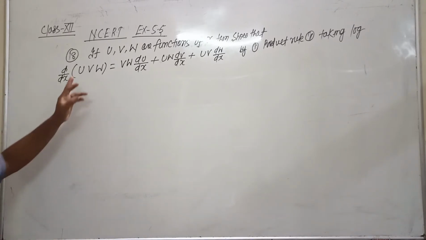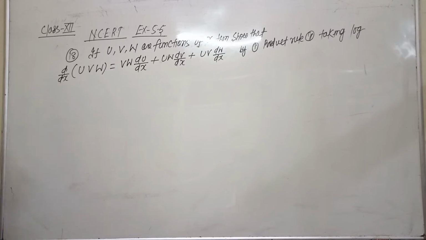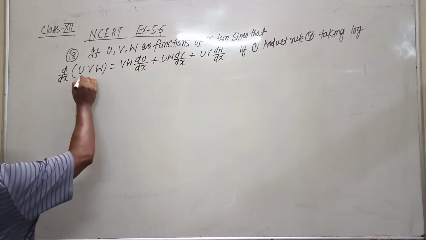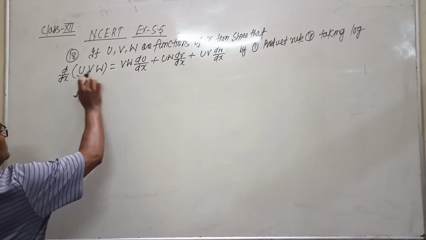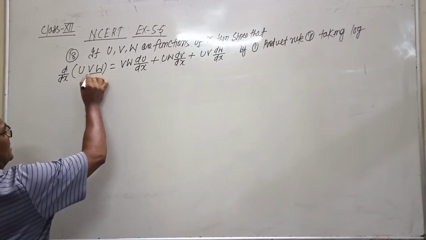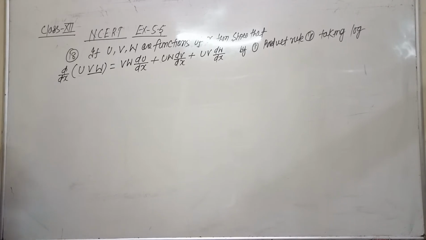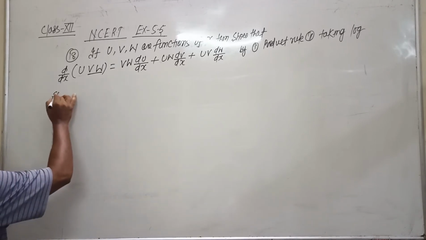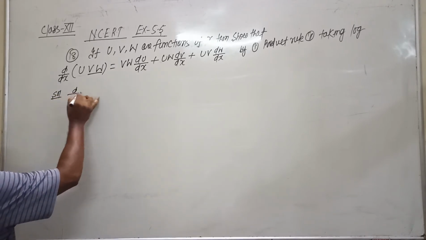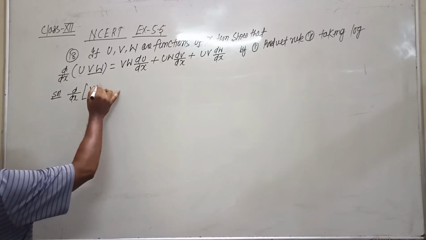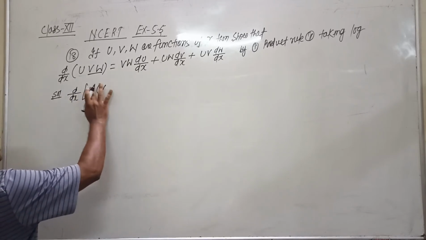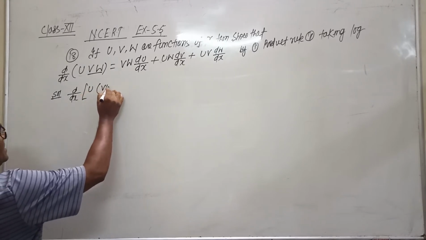So we have three functions u, v and w. We will suppose v into w as a single function. So d by dx of u and vw.